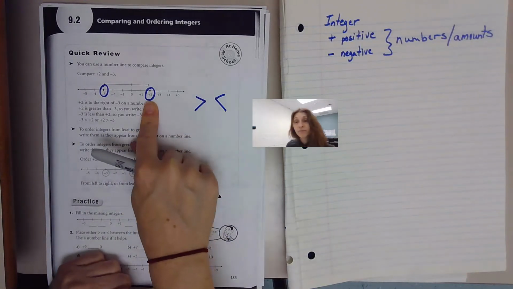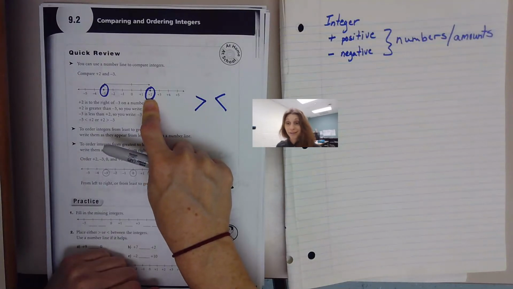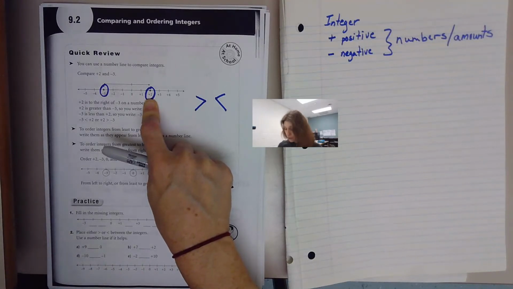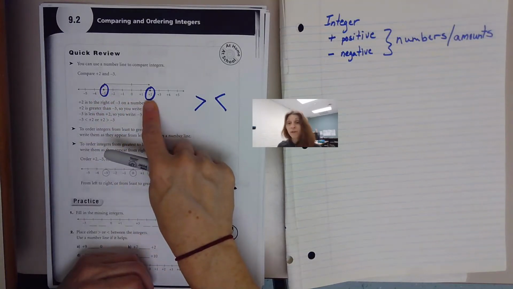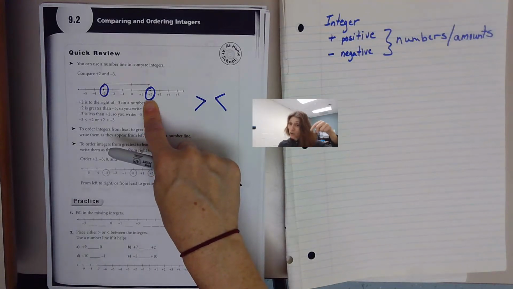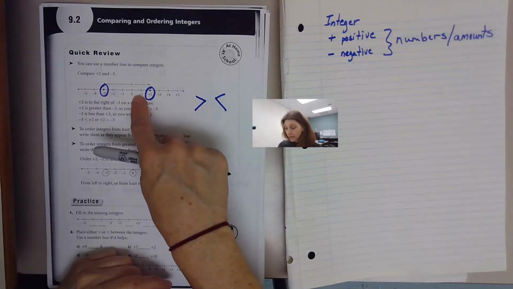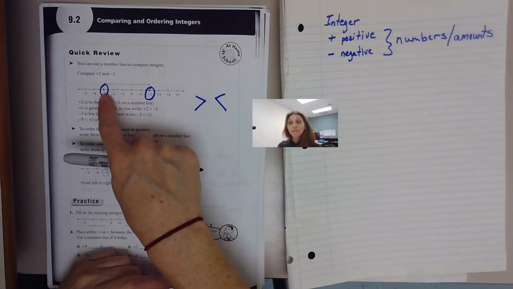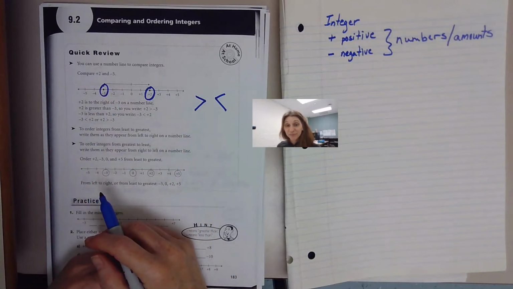Let's say during the day it was positive 2 outside, but then in the evening it decreased in temperature all the way down to negative 3. That means you'd start off with positive 2, and then you would decrease, which means subtract, by 1, 2, 3, 4, 5. And that would get you to negative 3.